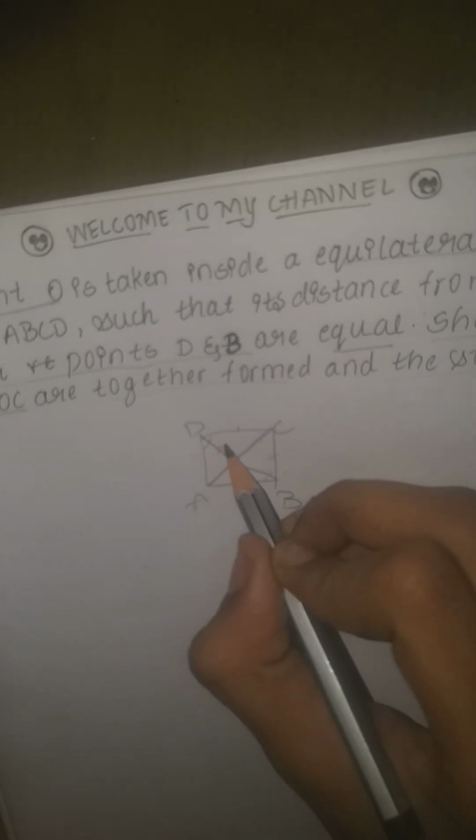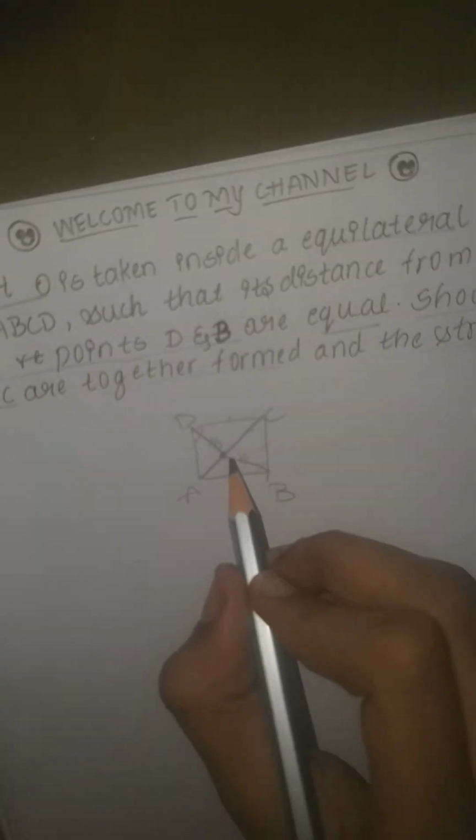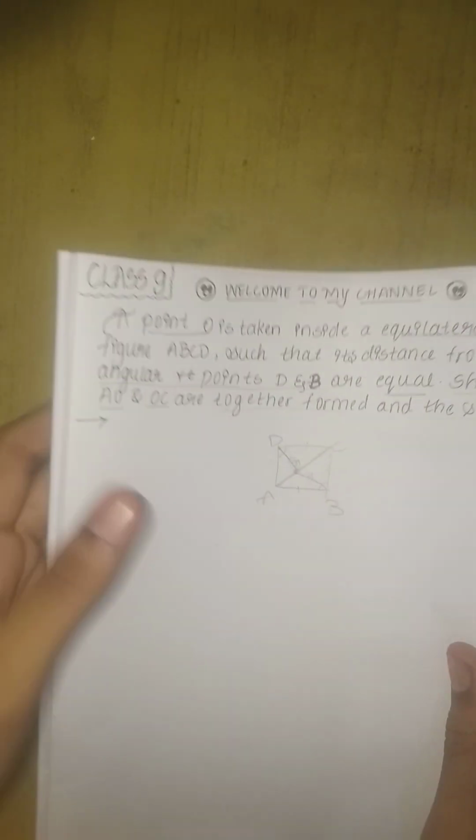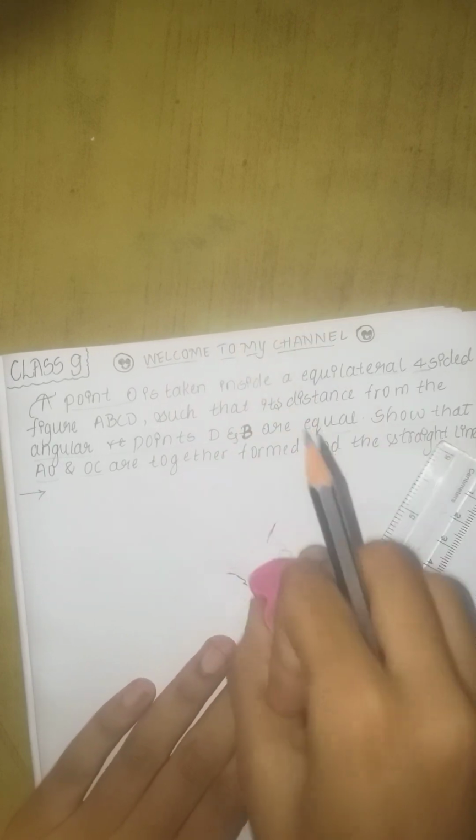As the question says, these both are equal because the point O is equidistant from B and D. Now let's draw a proper figure. They haven't said that it is a square, so we are not going to draw a square. Let me erase this. Here it is.